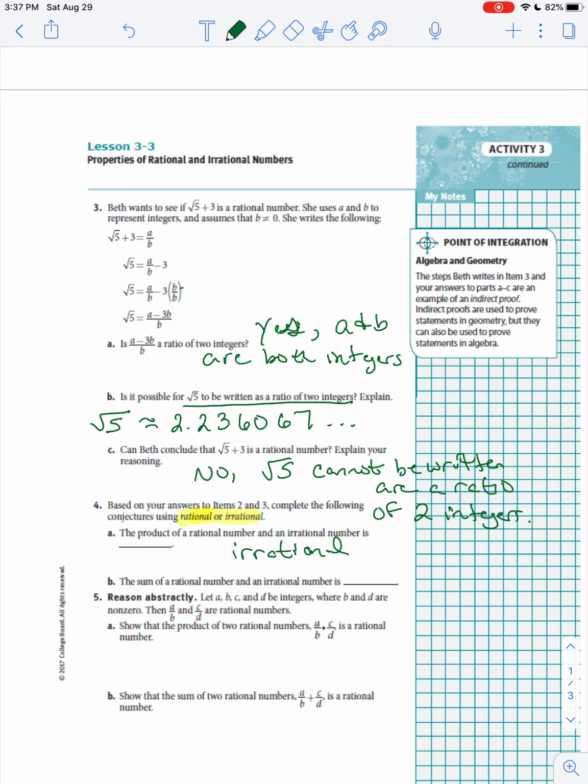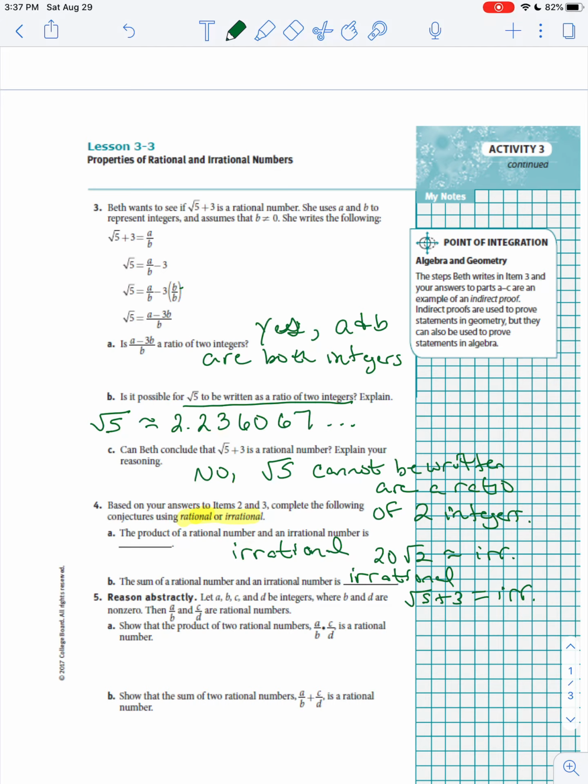Okay, 20 times the square root of 2 would have to be irrational because the square root of 2 is irrational. Okay. The sum of a rational number and an irrational number is also irrational. Because again, the square root of 5 plus 3 must be irrational because the square root of 5 is irrational.